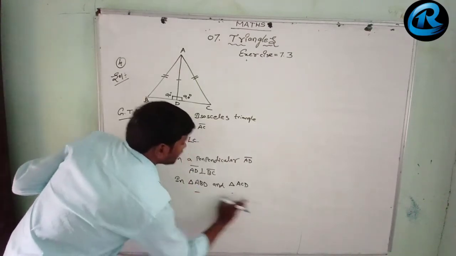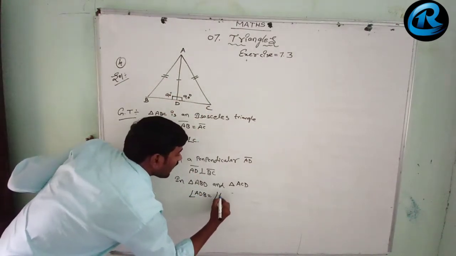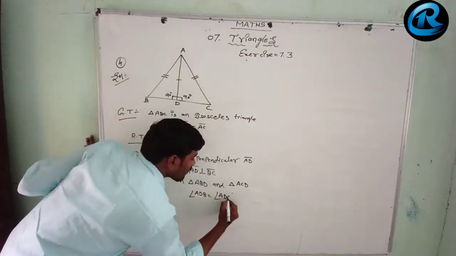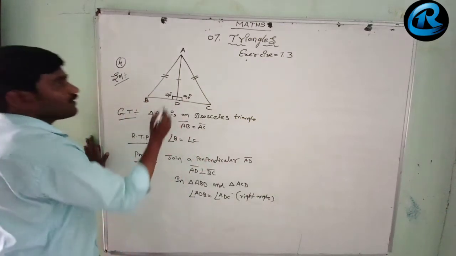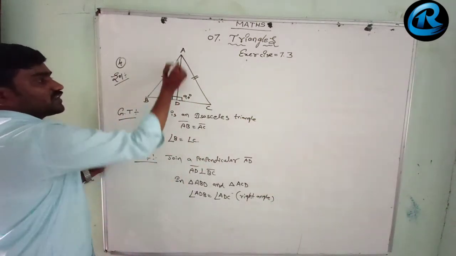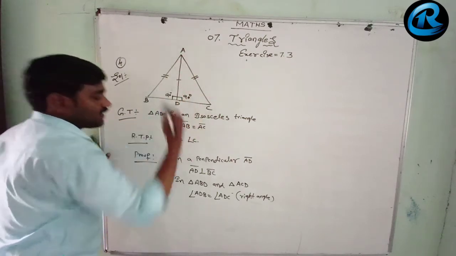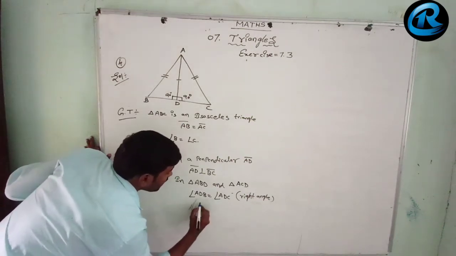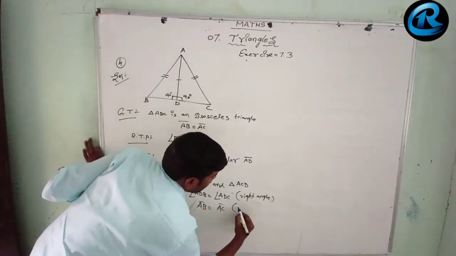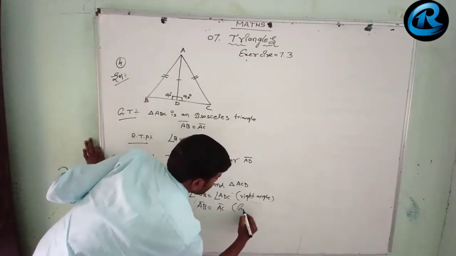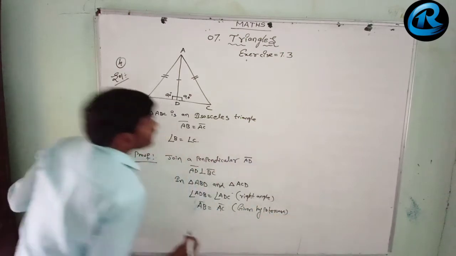First we write the right angle: angle ADB equals angle ADC. Then the hypotenuse: AB is the hypotenuse of triangle ABD and AC is the hypotenuse of triangle ACD, so AB equals AC, the given hypotenuse.